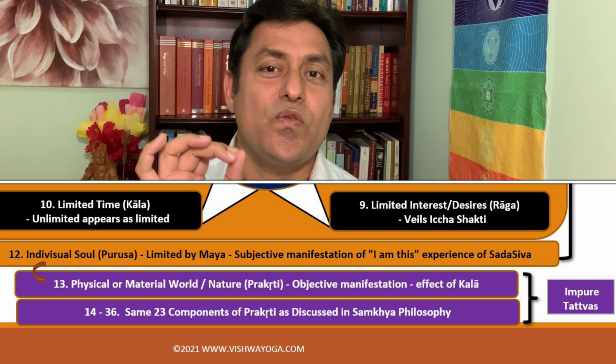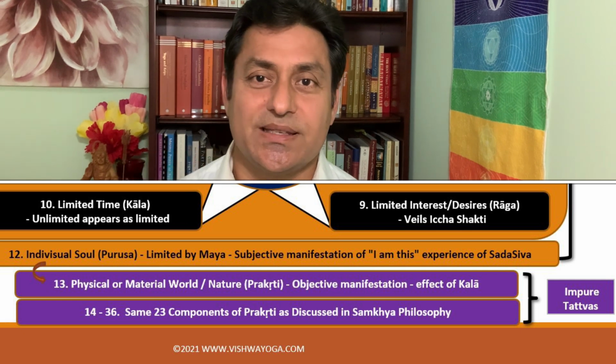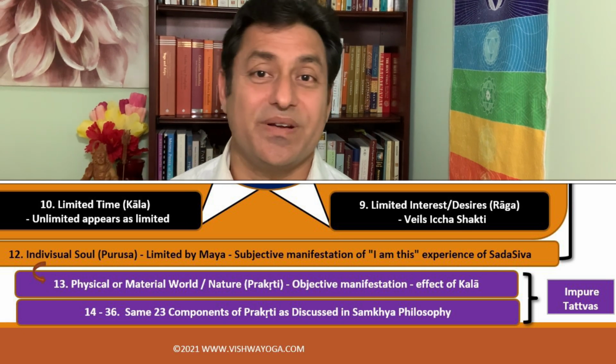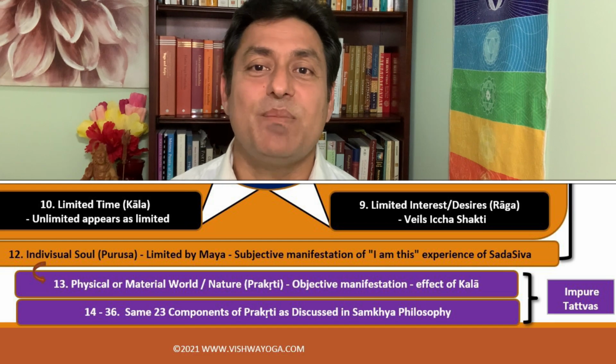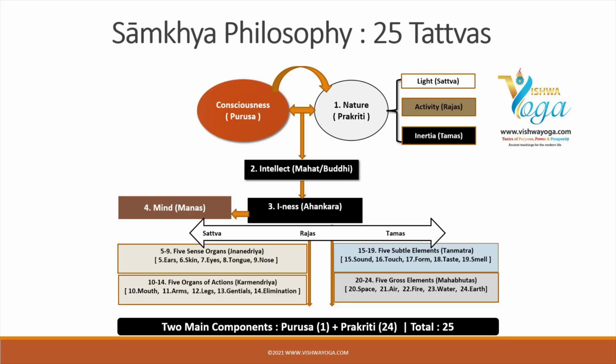The elements from 14 to 36 are the components of Prakriti, which are the same as I have discussed in the Samkhya philosophy video. So I would recommend you watch that video to understand the Prakriti Tattva. But in Tantra, it is called Impure or Atma Tattva.